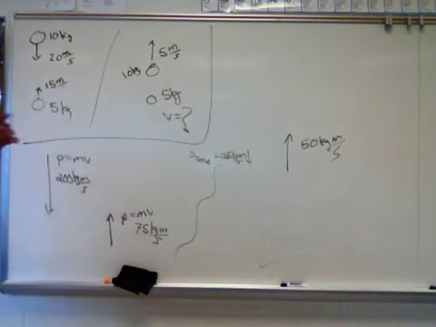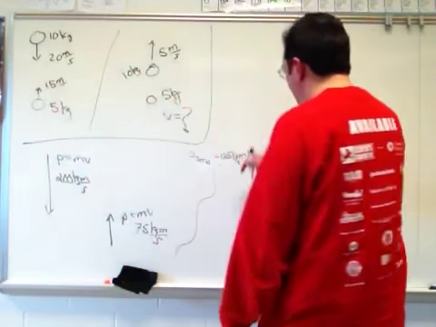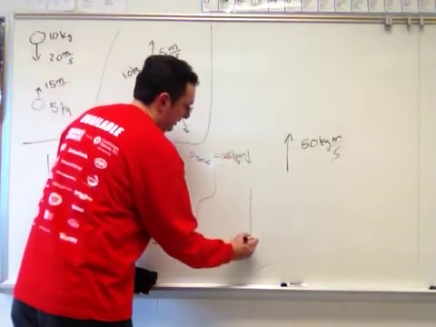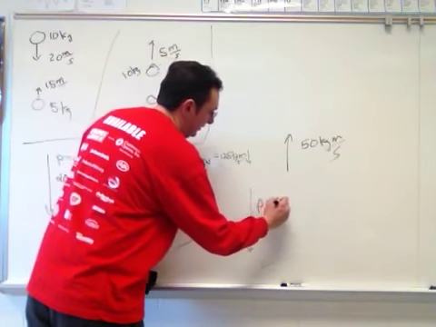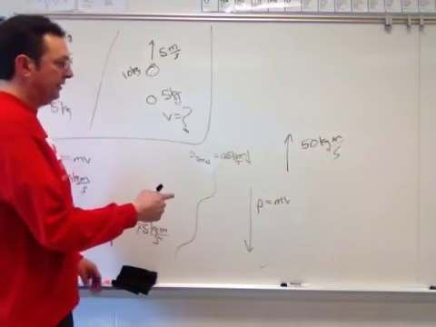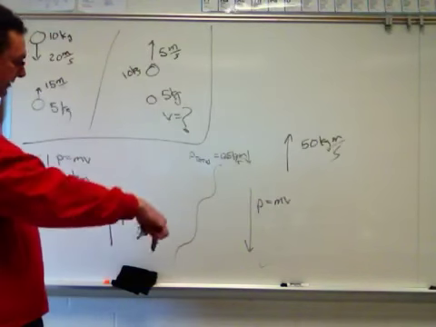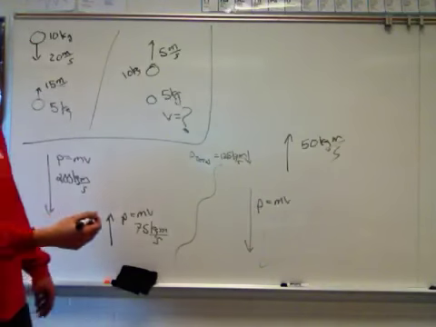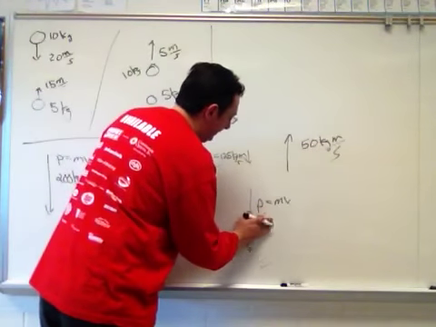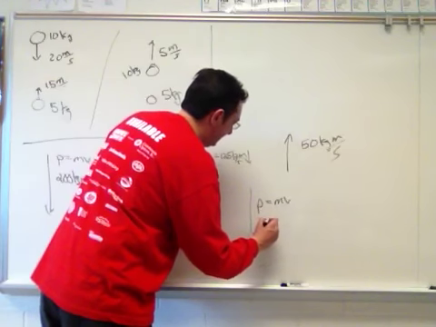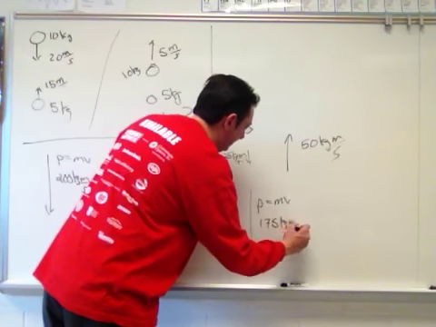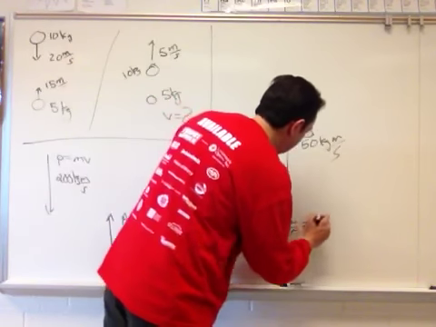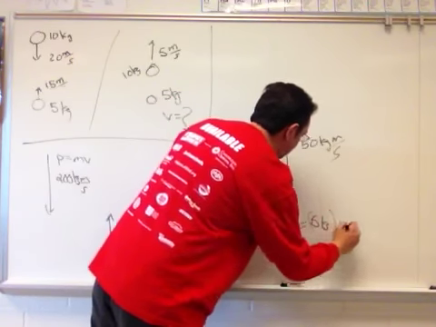So I can just look at that and say, okay, what do I have to get? I need 125 in this direction, so it looks like 175. Of course, it's going to take the students a little bit longer to do that, but 175 in that direction minus 50 gives you 125. So 175 kilogram meters per second equals 5 kilograms times v.